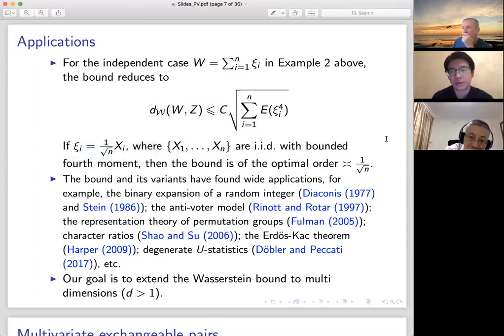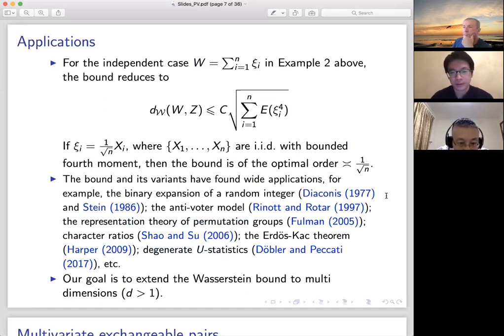But this general result is useful beyond the independent case. So people have found many applications. For example, the binary expansion of a random integer, the anti-voter model, the representation theory of permutation groups, character ratios, the Erdős-Kac theorem, and degenerate U-statistics.